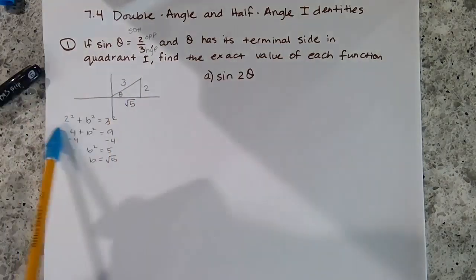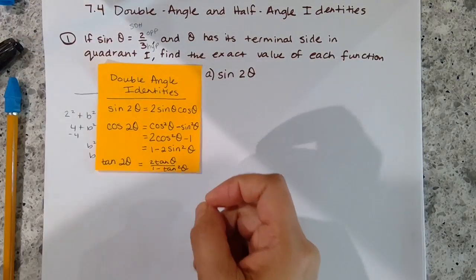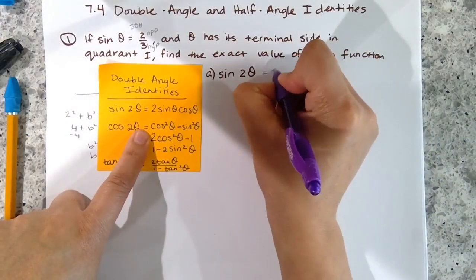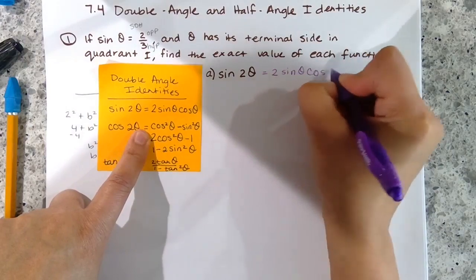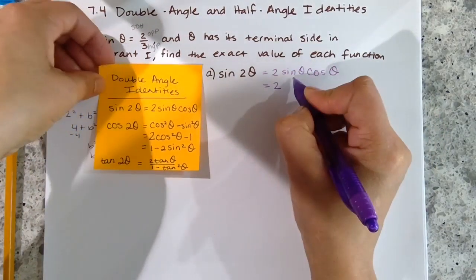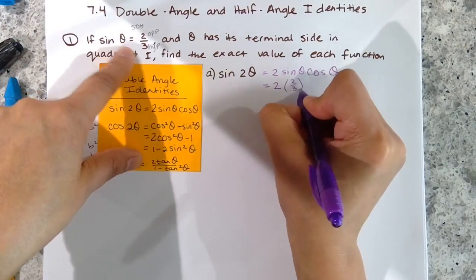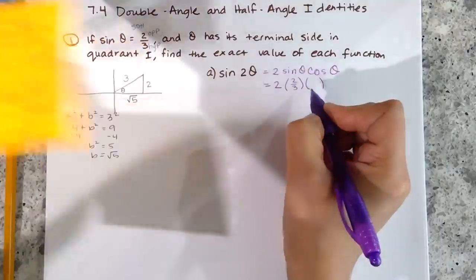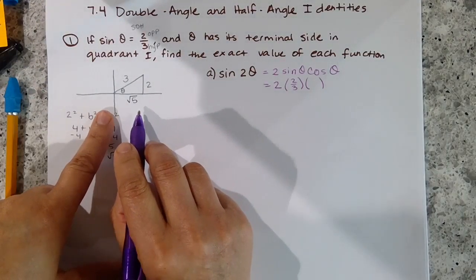I'm going to go to sine 2 theta because of my identities, I can only use this equation. So that's equal to 2 sine theta cosine theta. In this case, sine of theta, they gave it to you in your problem, so you didn't have to figure that out. Cosine of theta, I'm going to go back to my triangle. Cosine is the same thing as adjacent over hypotenuse.